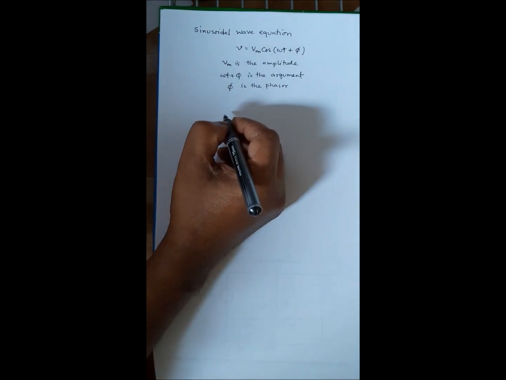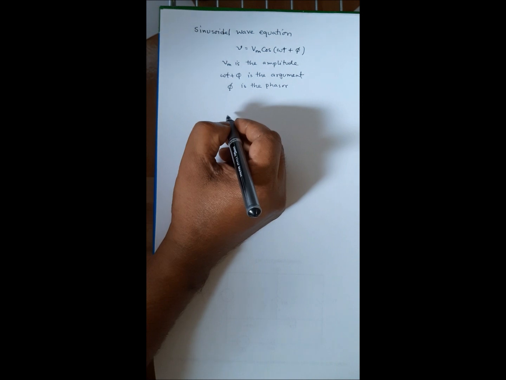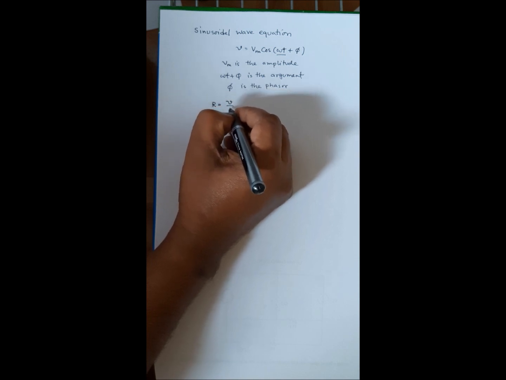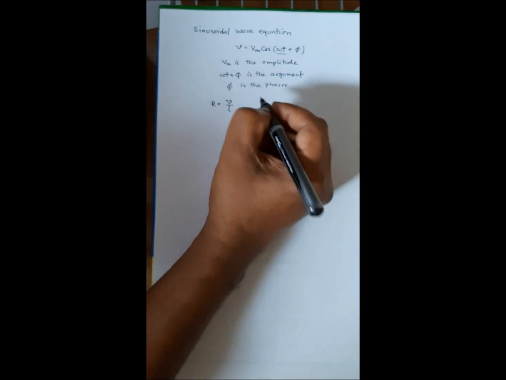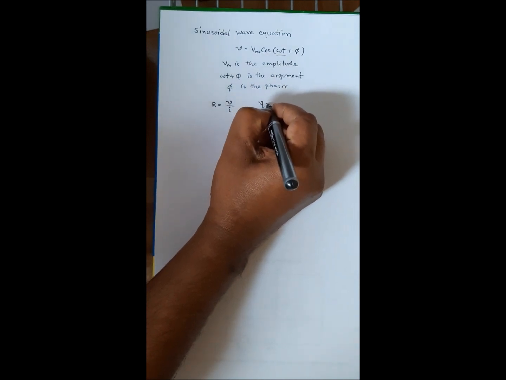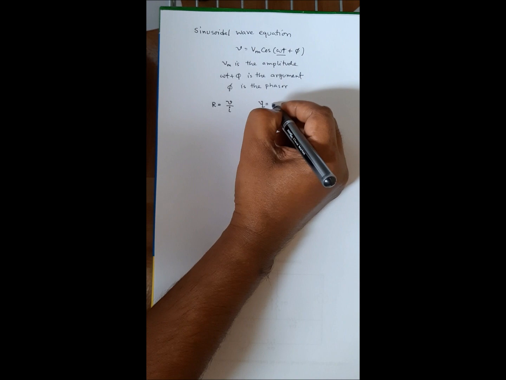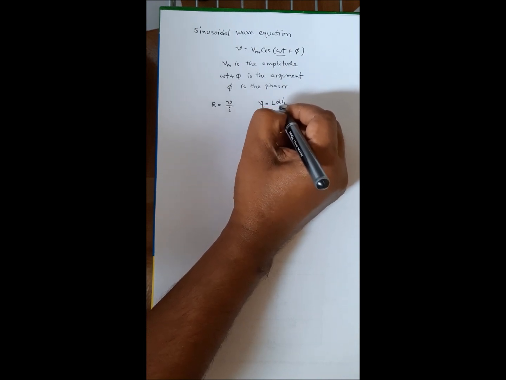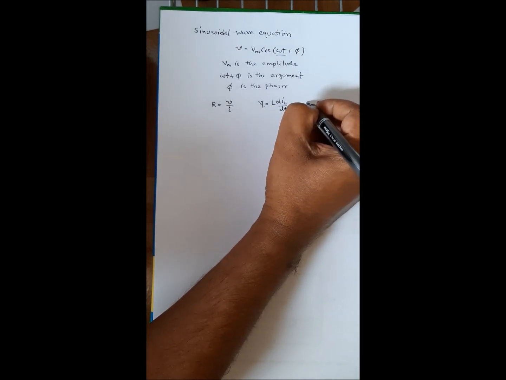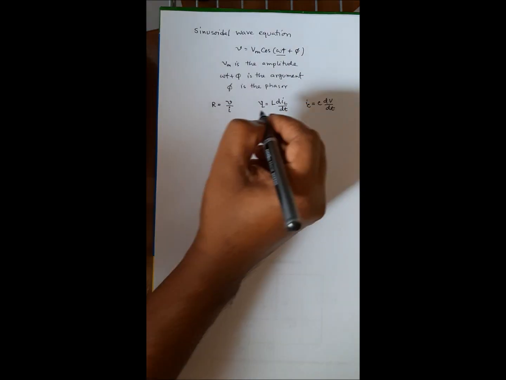Now we already know that for a resistor the relation between voltage and current is like this, and for an inductor the voltage and current relation is like this, and for a capacitor current and voltage is like so.